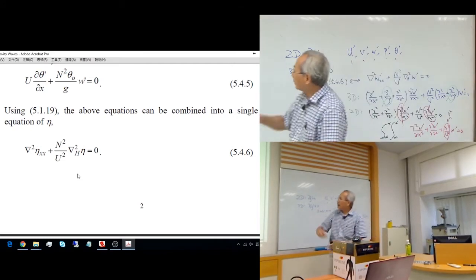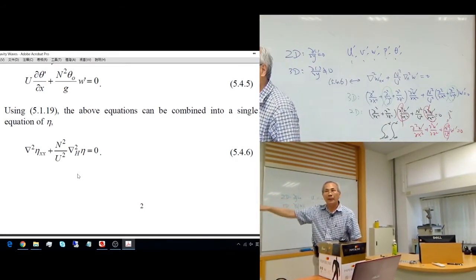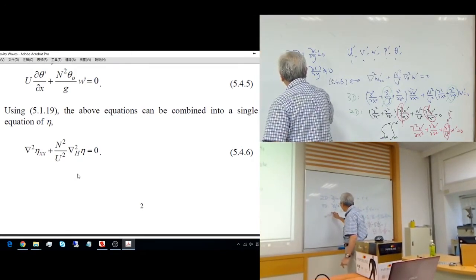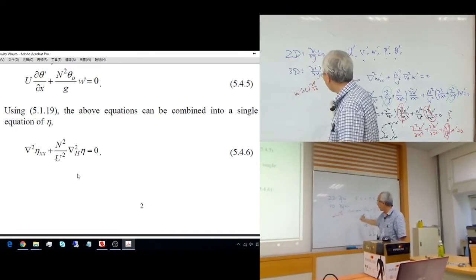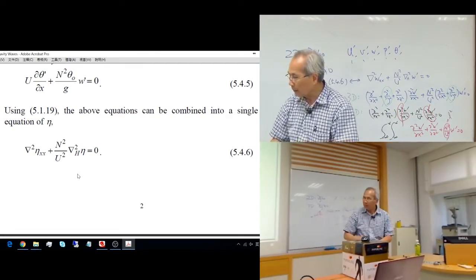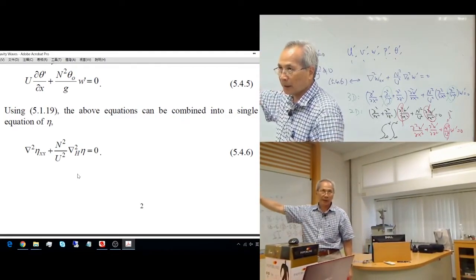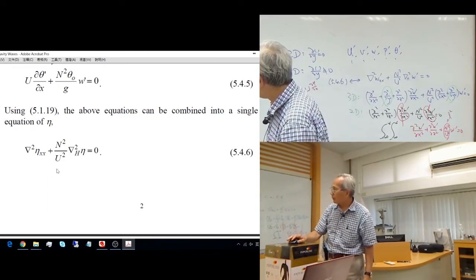You can also use eta, because w prime equals U partial eta over partial x. This part basically follows Smith's theory, three-dimensional flow over mountains.